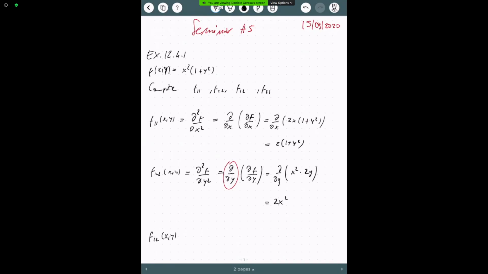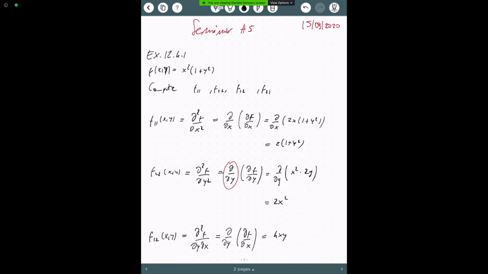Let's see the mixed partial derivative. Now this is partial with respect to y, with respect to x. So we have that this is equal to 4 times xy.